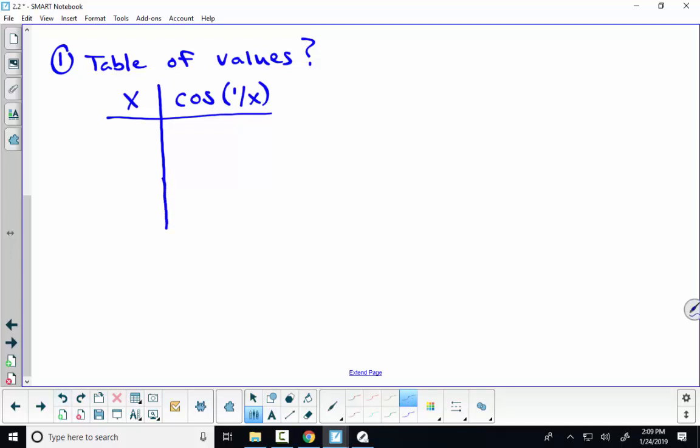Let's plug in 3 different values close to 0. Remember, x is approaching 0, so let's do 0.001, 0.0001, and 0.00001.